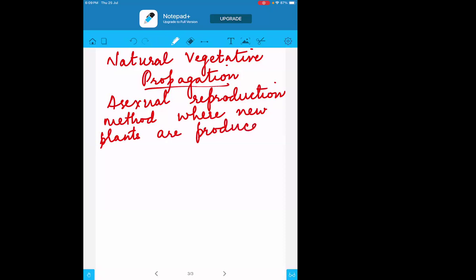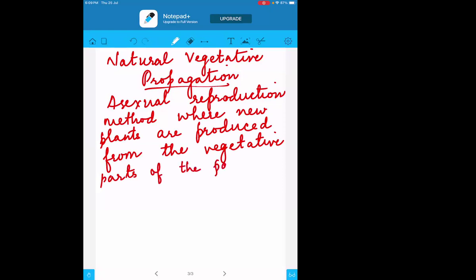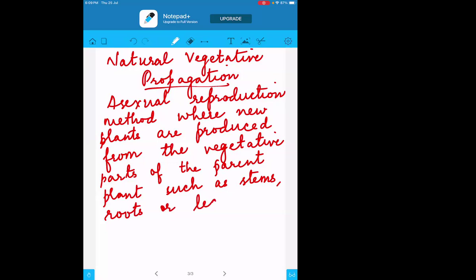What are the examples? Roots, stems, leaves. Very good. Correct. So from the vegetative parts like the roots, stems, and leaves, new plants will be produced from the vegetative parts of the parent plant, such as stems, roots, or leaves. Through this method, the new plant will be grown.